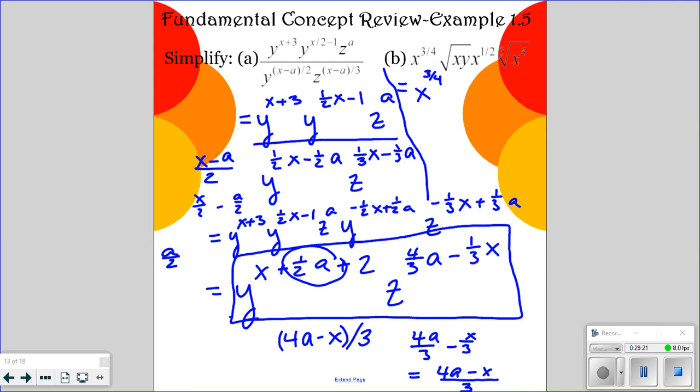There's an understood 2 right here. So when you go to change these into fractions, it's going to become 1 over 2. So x to the 1/2, and then the y is also going to be to the 1/2. Then we have x to the 1/2. And then we have, for this one, x to the 4 over 3.